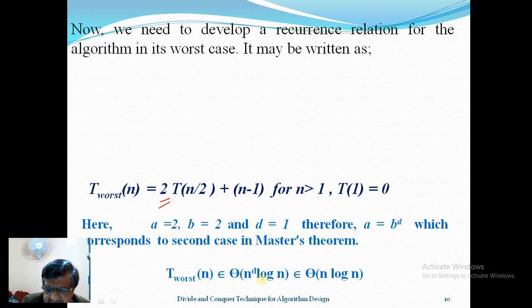Though it may seem that n log n, for example, if there are 100 elements, the meaning of this is the approximate number of comparisons that happen in the merge sort algorithm is 100 into log 100 to base 2. Of course, log 100 to base 2 is somewhere around 33.33.